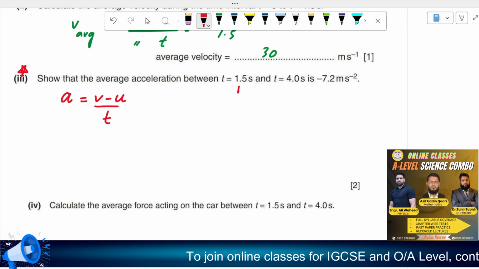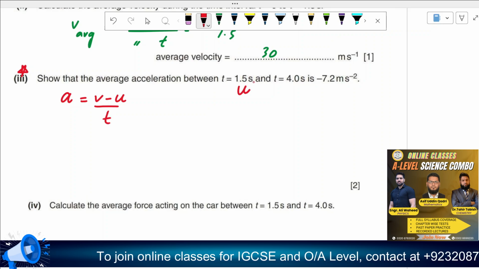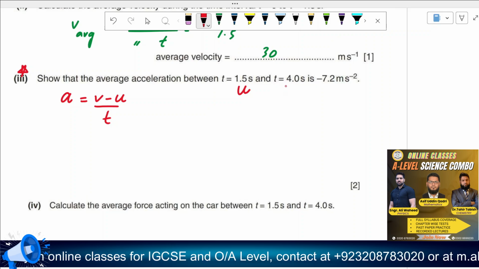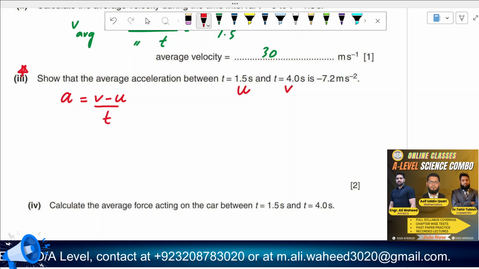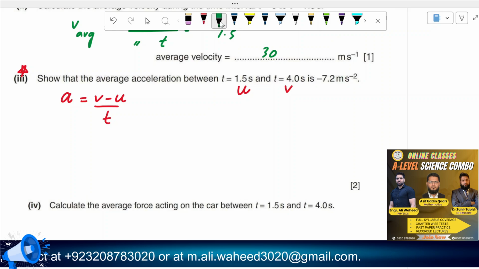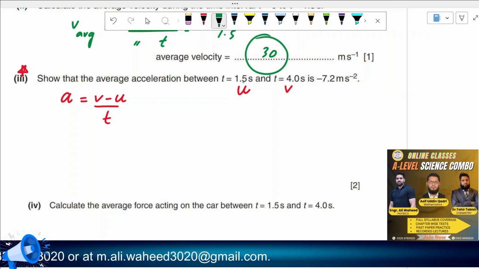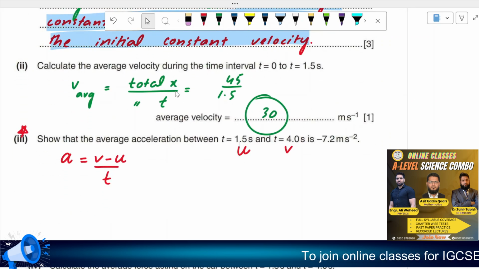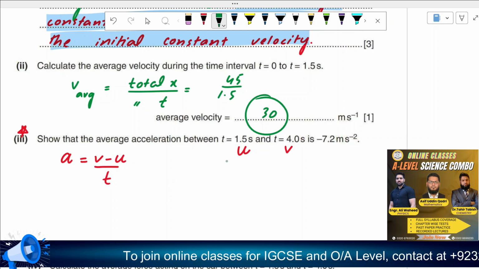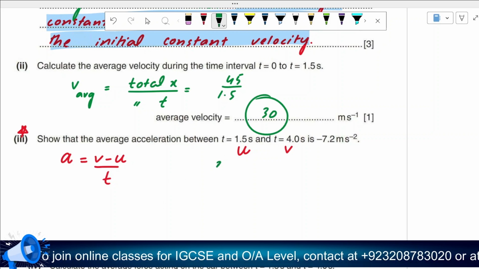So this is the initial velocity u, the velocity at 1.5 second, and this is the velocity v, the velocity at 4 seconds. Now the question is, do we have the value of velocity at 1.5 seconds? The answer is yes. We found the value of the velocity in the previous part. If I could scroll up, you can see over there, we found the value of velocity at 1.5 seconds. How much was that? It was 30 meter per second.